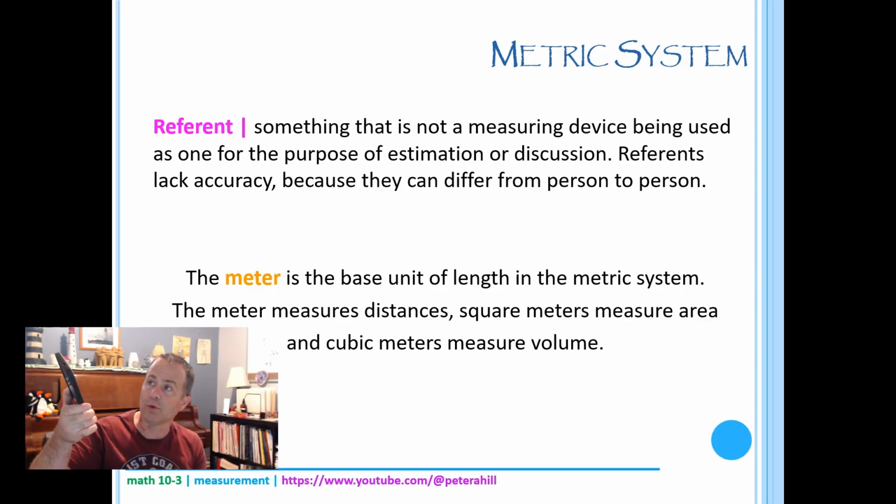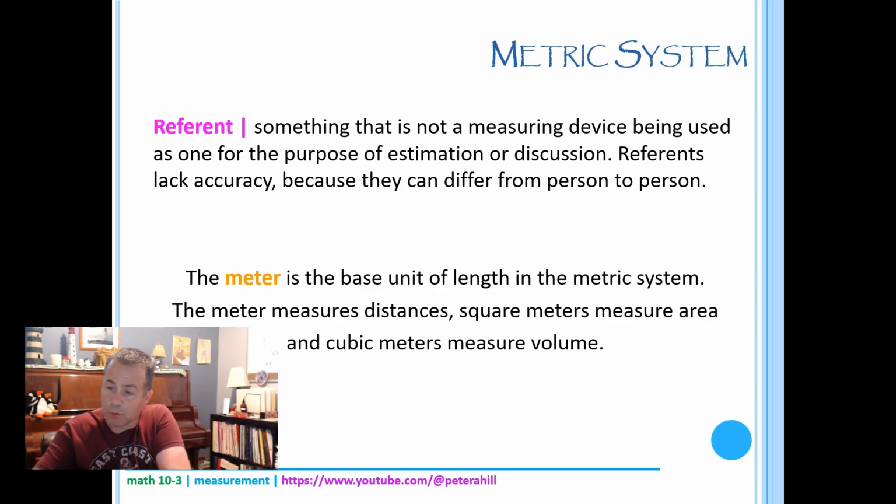I could go, 1, 2, 3, 4, 5, 6. My table is like 12 cell phones long. Not super helpful unless I knew what a cell phone was as far as length, but it could be used to compare things. The meter is the base unit of length in the metric system.